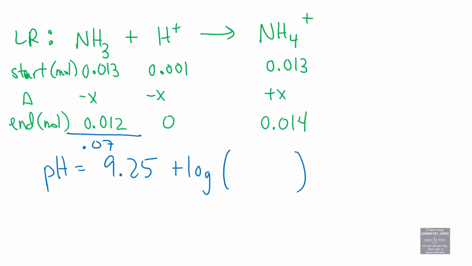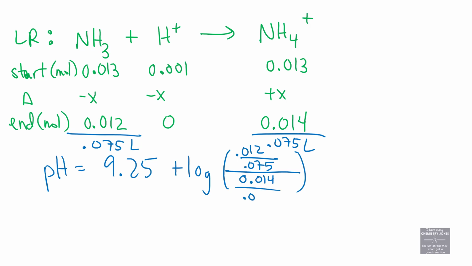Hold on. 10 milliliters. So 0.075 liters. 0.012 divided by 0.075 divided by 0.014 divided by 0.075.